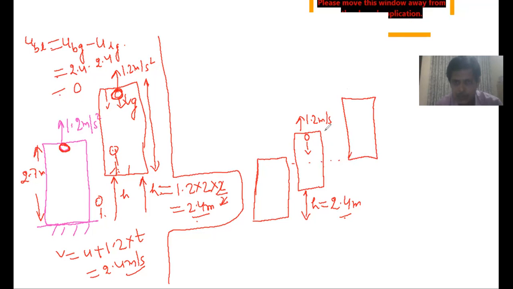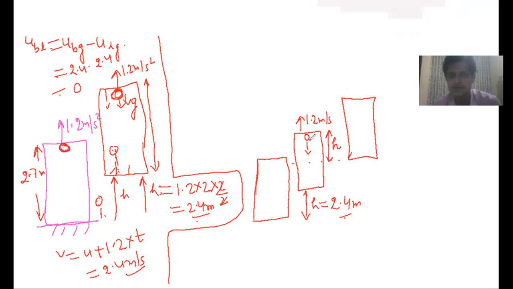If we need to measure the displacement, it is only this much, not 2.7. This displacement, suppose I have found it as H, we need to find with respect to ground.